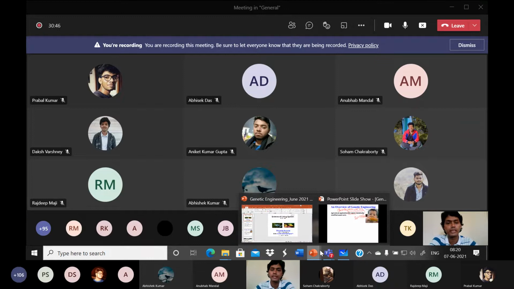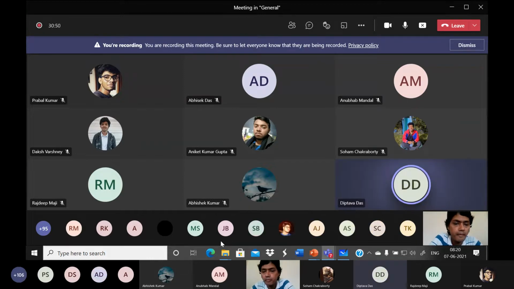Sir, excuse me. Yes. Sir, that means you said that the seeds of BT cotton cannot germinate into another plant? Yeah. You see, this is Monsanto and the Indian company Mahyco. They work together, so this is the major problem. I'm just giving you one example: whatever good quality capsicum you get in your market, if you use their seed, mostly you will see that it does not give the similar variety.